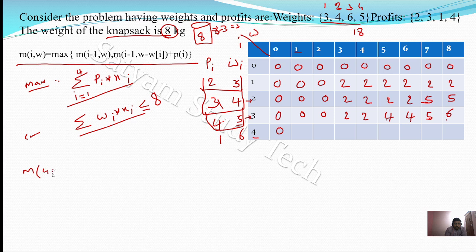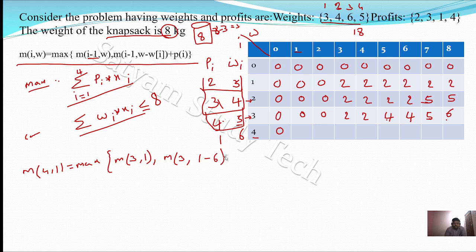So m of (4, 1) is equal to the maximum of m of (i minus 1, w). The i value is 4, so 4 minus 1 is 3, and w is 1. Comma m of (i minus 1, w minus w of i), that is m of (3, 1 minus w of i). For example, here w of 4 is 6.